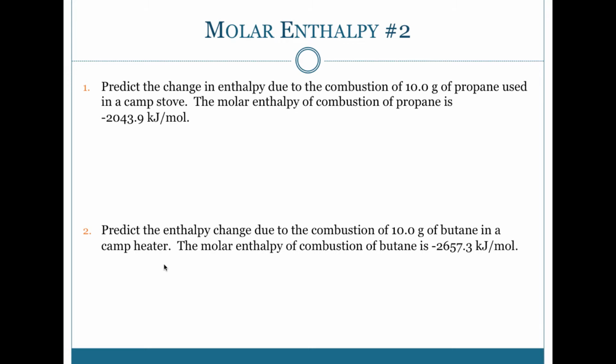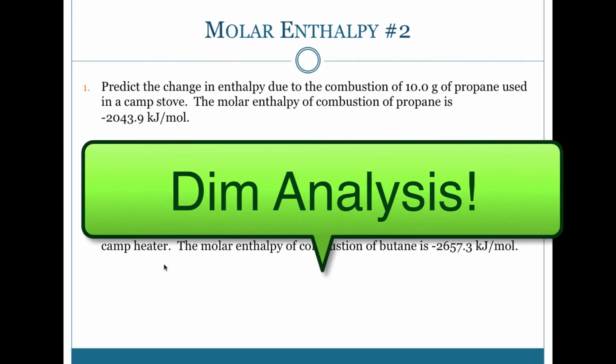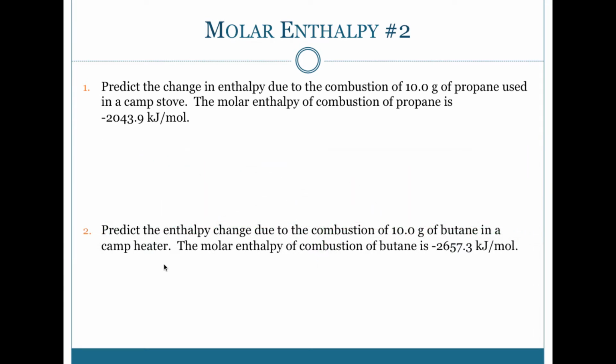Very good. And then what's your second job? That's right. To use the component of the negative 2043.9 kilojoules per mole. And we can do that using dimensional analysis. And there you go. We change grams to moles, and we use the fact that was given to us, and that's the delta H. That's how much heat is released when you burn propane.